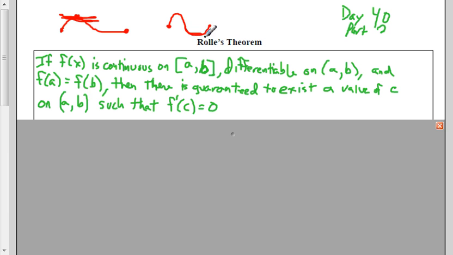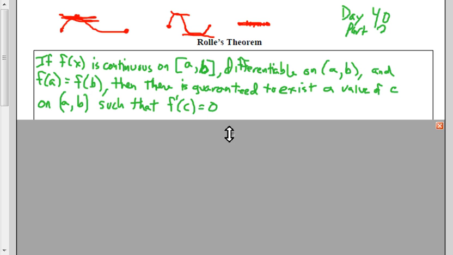Here I have two examples. Someone might say, well, what if those values are both 6 and we just went straight across? Well, there's a bunch of points where that value is going to be 0 if I looked at tangent lines there. So that's what we're looking at.